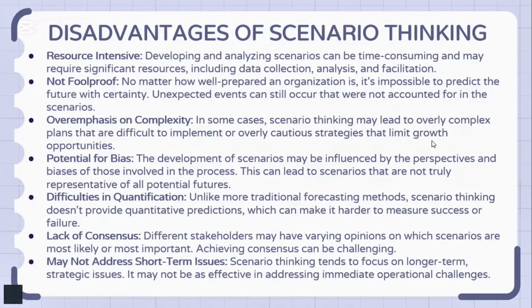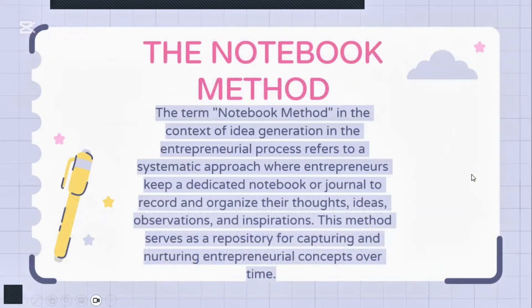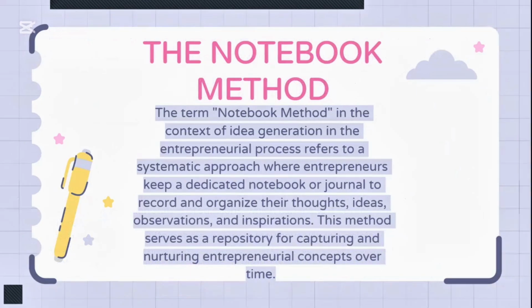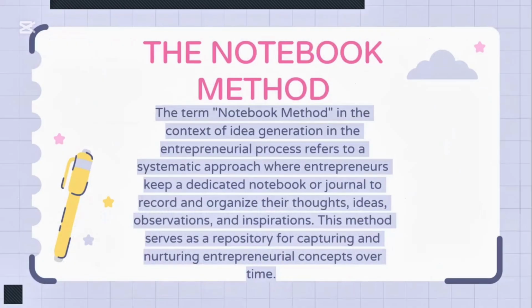We move on now to the notebook method. In this case, what it refers to is a systematic approach in terms of developing your thoughts or ideas. It is always advised that if you have ideas, you put them down into a notebook. We refer to this sometimes as idea journals.